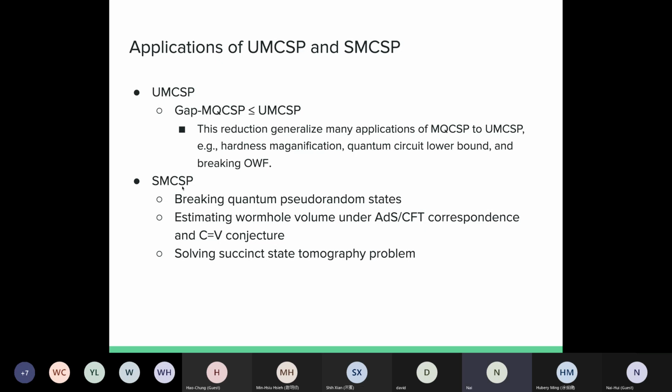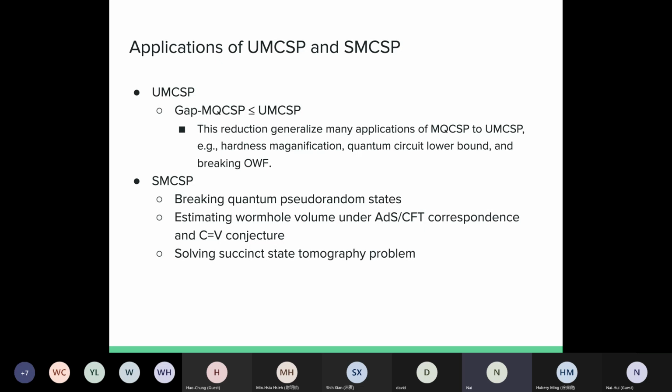And for SMCSP, because we don't know any connection from MCSP to UMCSP or the original MQCSP, we can only show something else. But this problem is interesting because the quantum state is a very interesting object in quantum information.